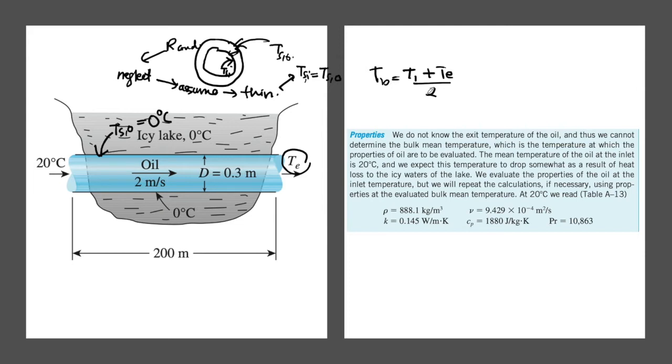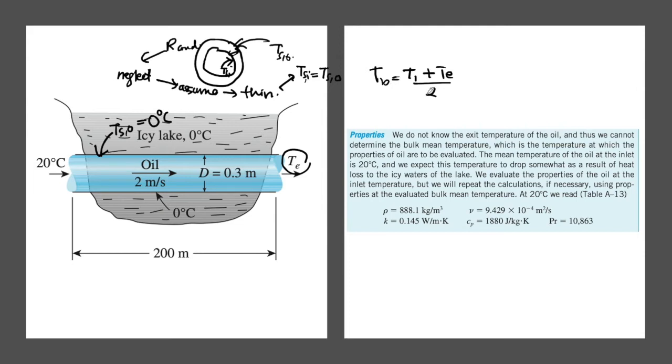At your level, your question already gives you all the properties. At this point, I will explain how this question makes some assumption for the bulk mean temperature, and how we find out whether our assumption is correct or not.